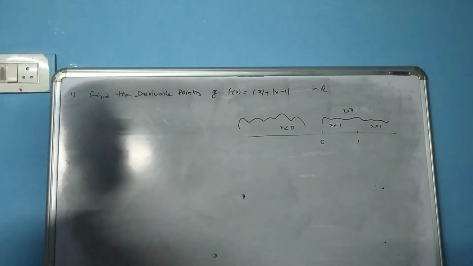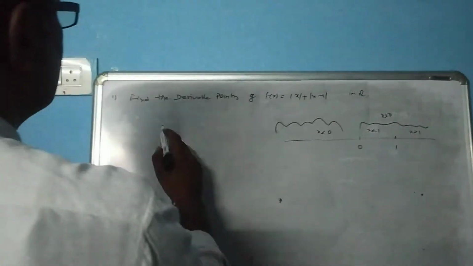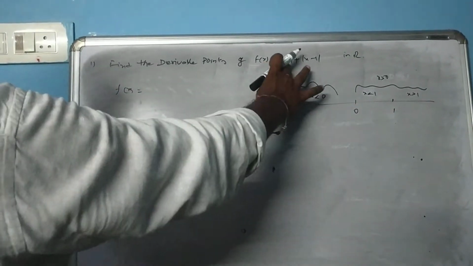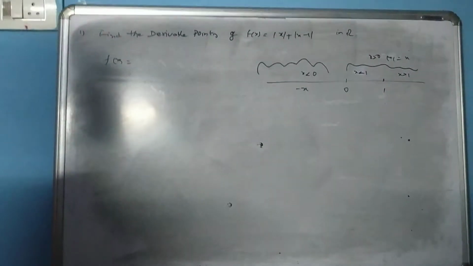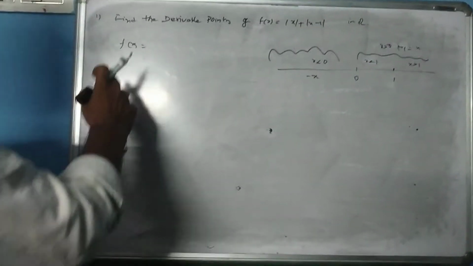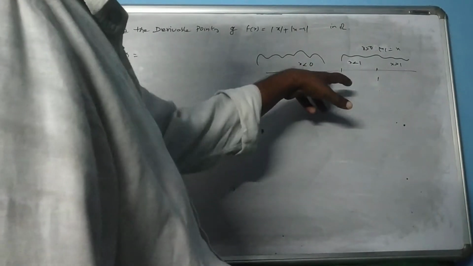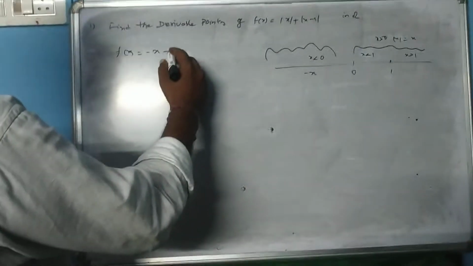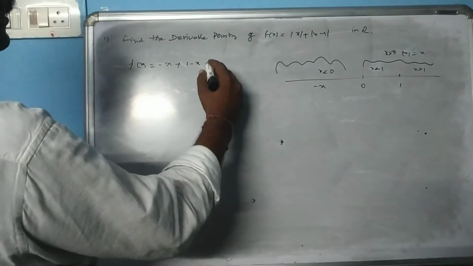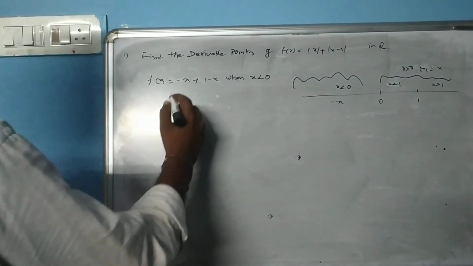We have the function f of x equal to mod x, minus x for x less than 0. In this region, x less than 1, the value of f of x is equal to minus x plus 1 minus x for x less than 0, that is 1 minus 2x.